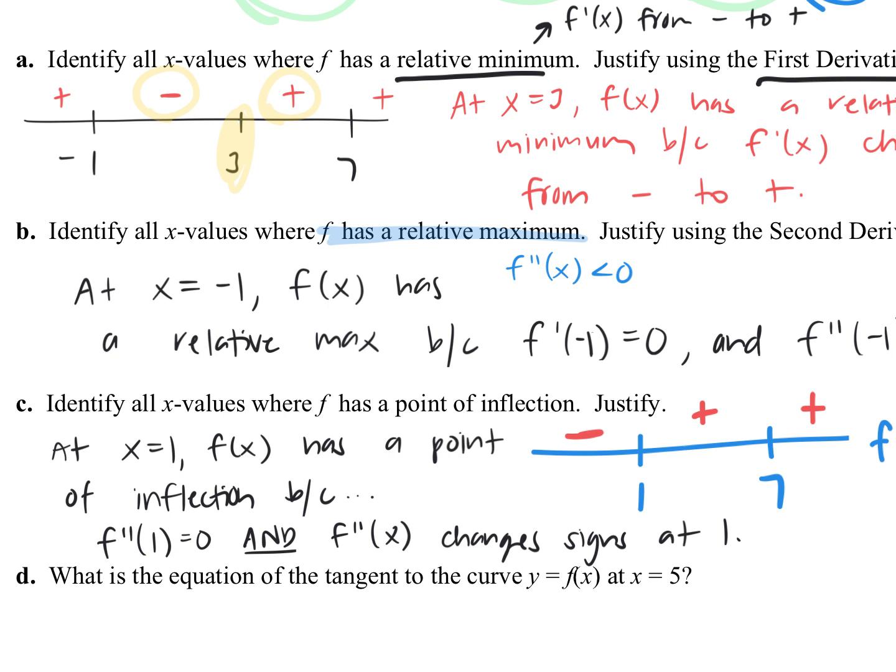For point of inflection, it doesn't matter if it's negative to positive or positive to negative, but if it is maximums or minimums, then the order does matter if you're talking about the first derivative test.